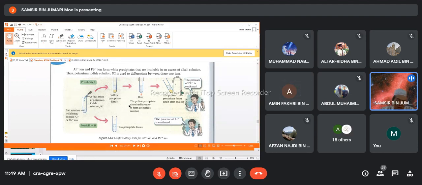Lead(II) ion reacts with chloride ion to form the white precipitate, which is actually lead(II) chloride. Itu boleh digunakan. Whereas aluminium ion will not produce the white precipitate, because no insoluble salt will be formed from that reaction.